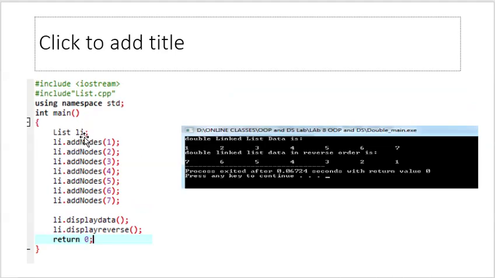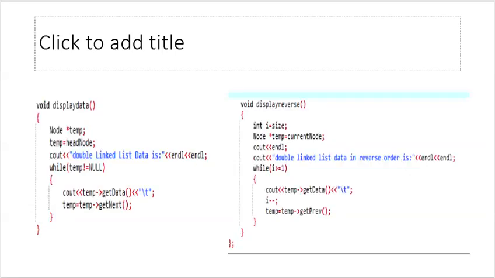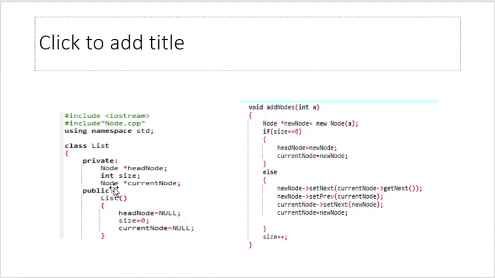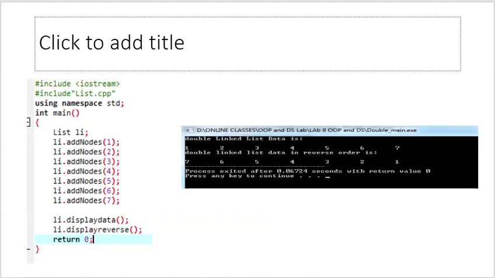Here is the main. This is the list file, so in the main we will include it. There are 3 cpp files here. We have included list.cpp in the third file.